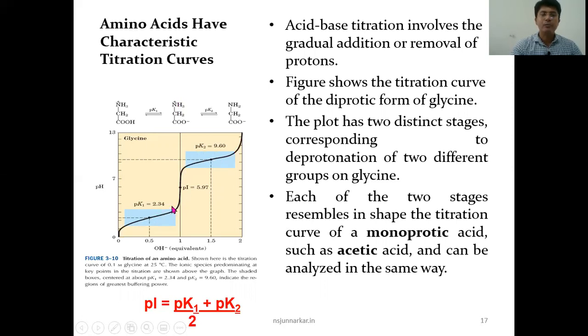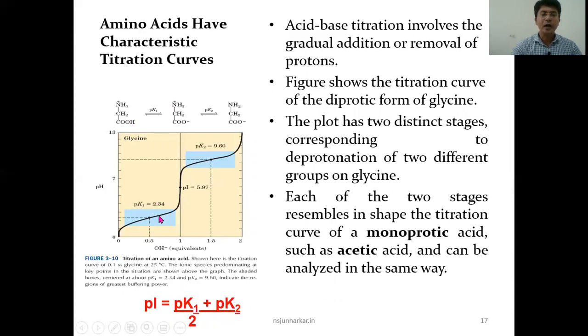The sharp point of inflection is seen when all the glycine molecules are deprotonated at the carboxyl group, and with further increase in the pH, the amino group starts losing the proton. The midpoint of the inflection region is referred to as the pI, the isoelectric point, which can be calculated from the formula (pK1 + pK2)/2.